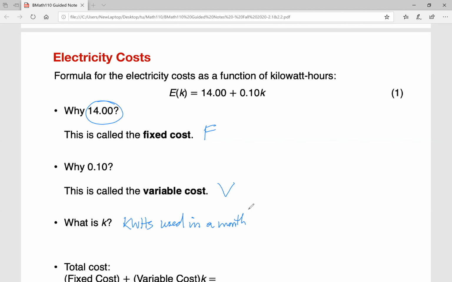The fixed cost is the fixture to our customer, and the next one is the cost per kilowatt used.